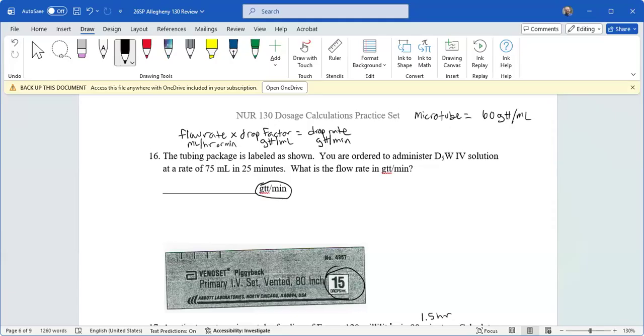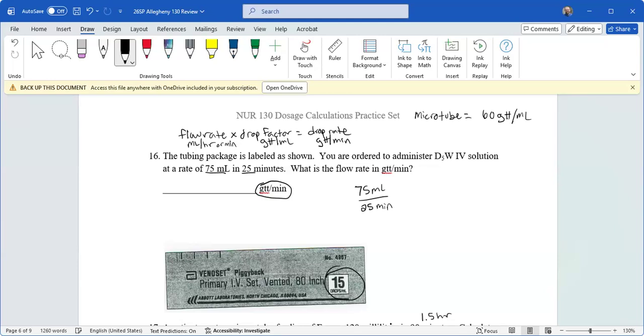So, how would I set this up? This tells us that we have our drop factor of 15 drops per ml. It tells me I have a volume of 75 and then a time of 25 minutes. So, I'm going to take my 75 ml over my 25 minutes.